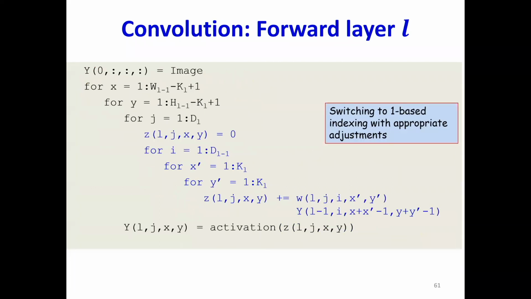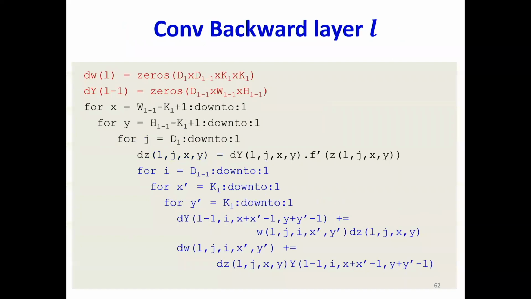Then the last operation I performed over here, after going through this loop, was the application of the activation, right? So just before going through that loop, I'm going to be doing this one. The other rule that we will use is if I have y equals f of z, dl over dz equals what? dl over dy times f prime of z.